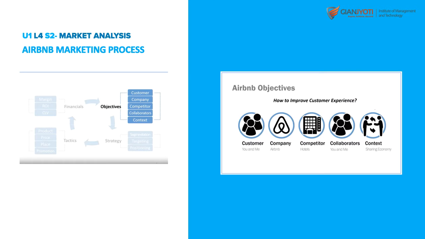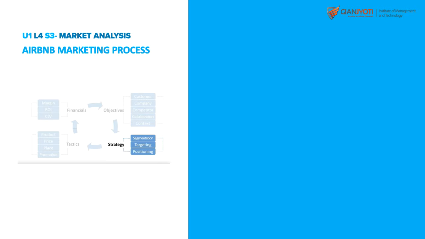What is the company? That is Airbnb. Who are the competitors? The hotel industry as a whole all over the globe. Collaborators, again you and me. And what context will you be using for this objective? That is the social media economy, the sharing economy. So that is about the objectives for Airbnb.